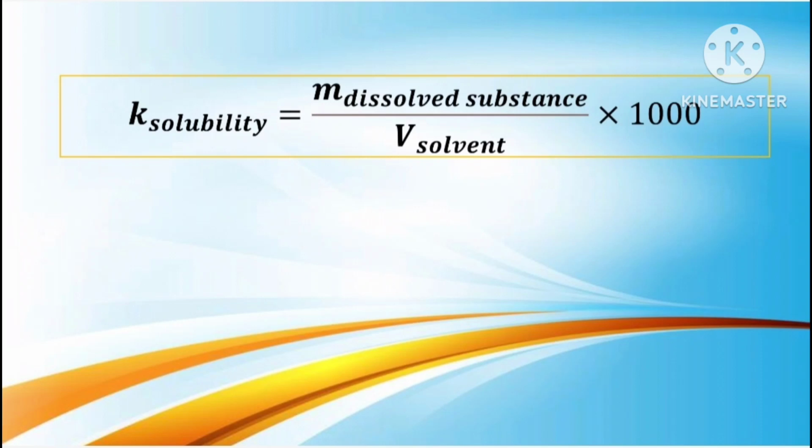Because solubility coefficient shows the mass of a substance, the maximum mass of substance that can be dissolved in 1000 milliliters of a solvent. That's why we divide it by volume but then we multiply it by 1000 to find it in 1000 milliliters.